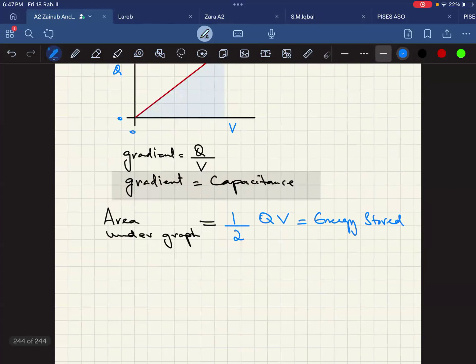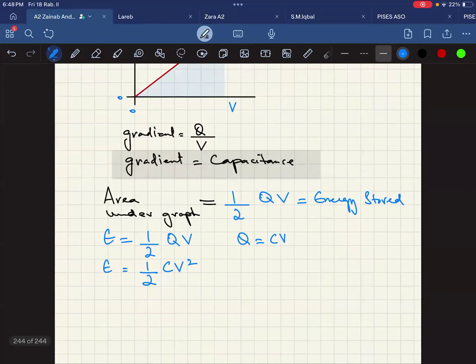Okay, there is another formula of energy. I'm just writing it simply, half Q into V is equal to energy. Just imagine if you substitute Q equals CV, the equation becomes half CV squared. Sorry, in place of Q, you substitute CV, it becomes half CV squared.